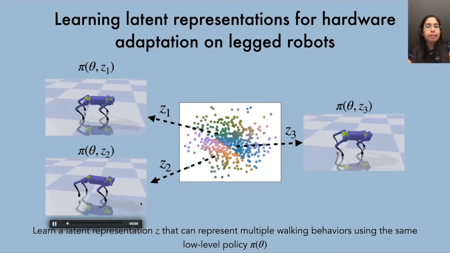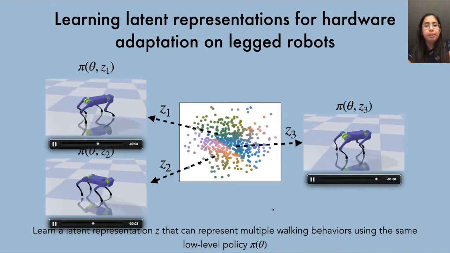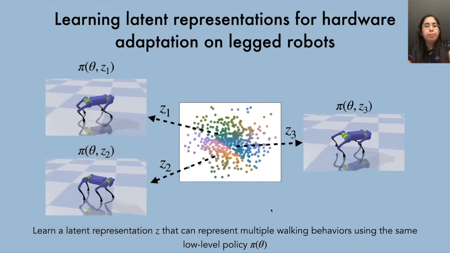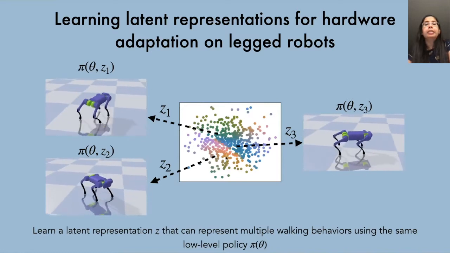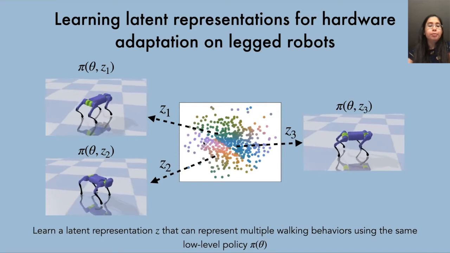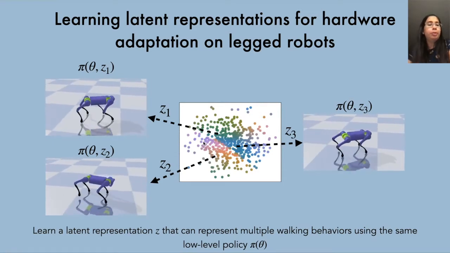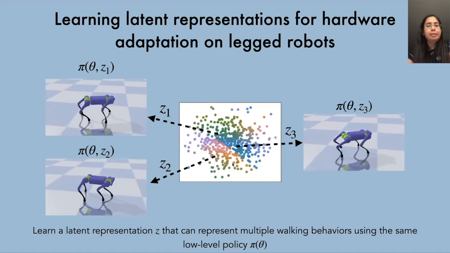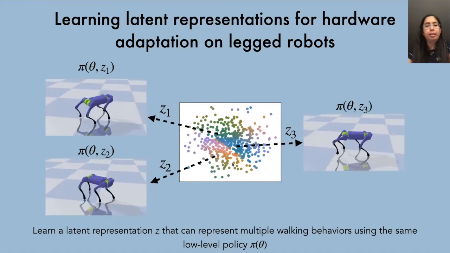So in this case, for all of these videos, we have the same low-level policy parameters theta, but different samples in this learned latent space z, which result in different movements on the robot. So for example, the robot could be turning left, right, going backwards for different parts of this learned latent representation z.